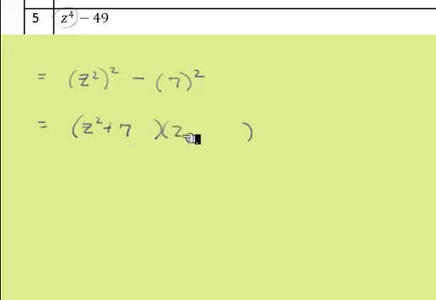Okay, so let's write this as a difference of two squares. z to the fourth is z squared squared, and 49 is 7 squared. So let's factor this, and that's z squared plus 7, and then we have z squared minus 7.